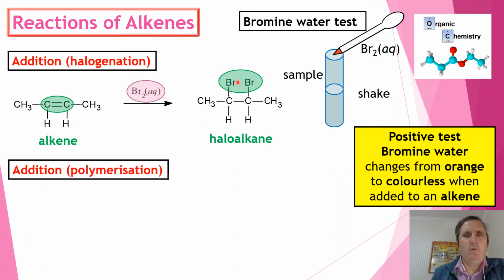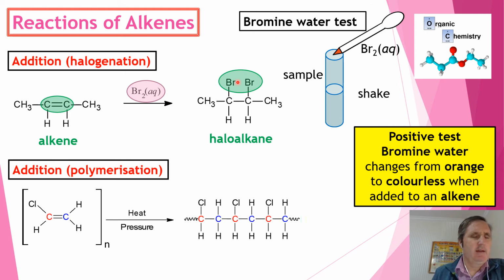Or we could undergo polymerization, addition polymerization, where we take just one type of molecule, and this is an alkene here. In this case it's 1-chloroethene, and we put them under heat and pressure, many thousands of them, or many millions, and they will join up in chains.